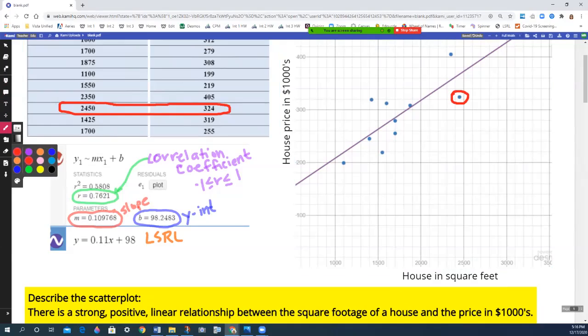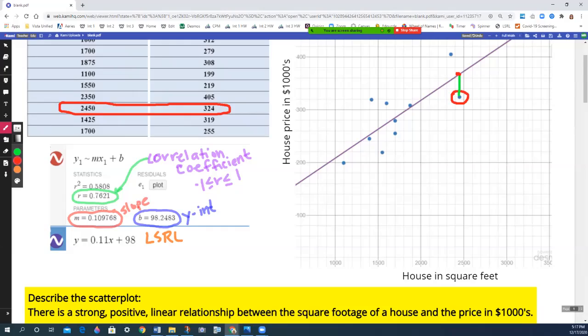And so what we see is we are off by this much. Okay, so this is what we predicted up here on this line. Okay, and this is what the actual was. So the difference between this is what a residual is.